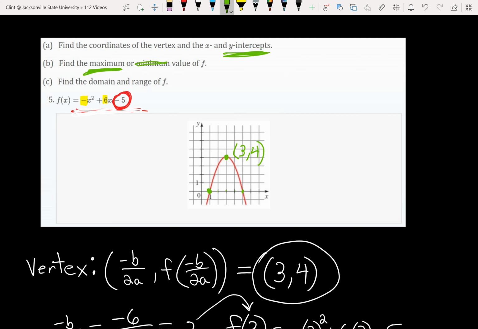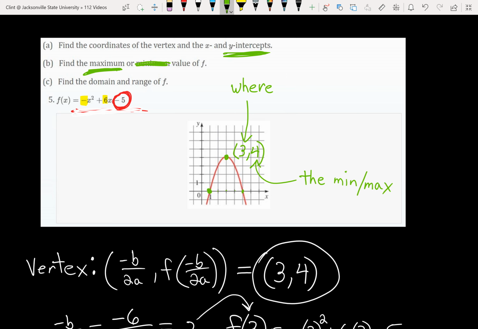No minimum. Okay, so the vertex, we've already found it, so it gives you the answer to 2 questions. The x-coordinate tells us where the maximum or minimum happens, and then the y-coordinate tells us the minimum or maximum.